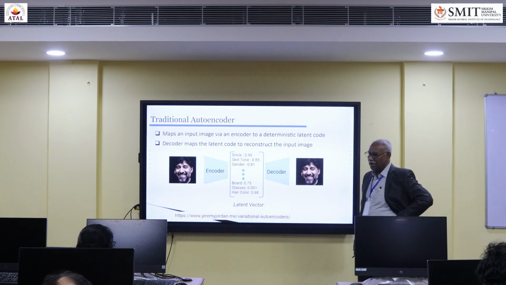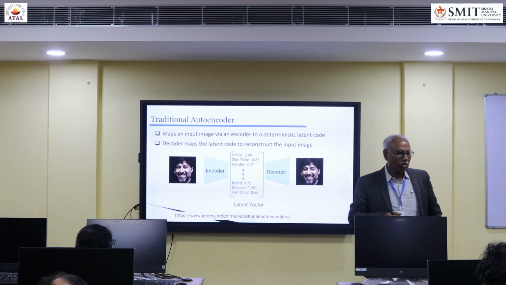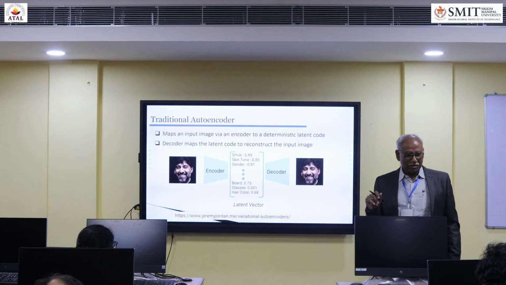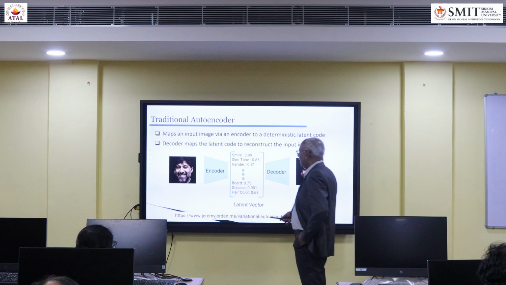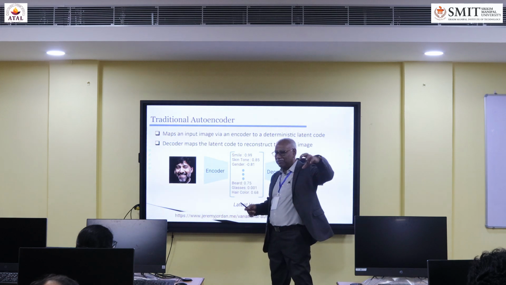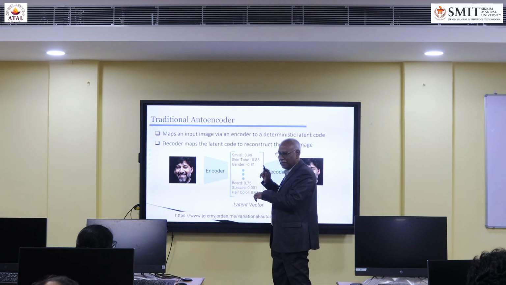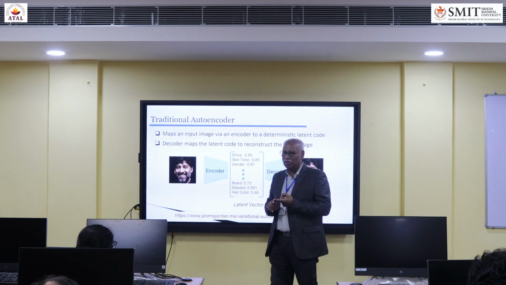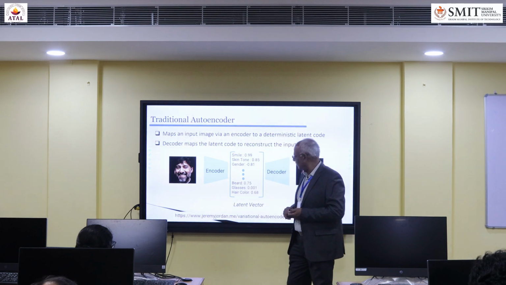So that brings us to our old concept. We talked about the autoencoder, right? In an autoencoder, you feed an input signal. I have a bottleneck layer somewhere in between. The bottleneck layer gives you, let us call it the latent vector, which is nothing but a feature vector.